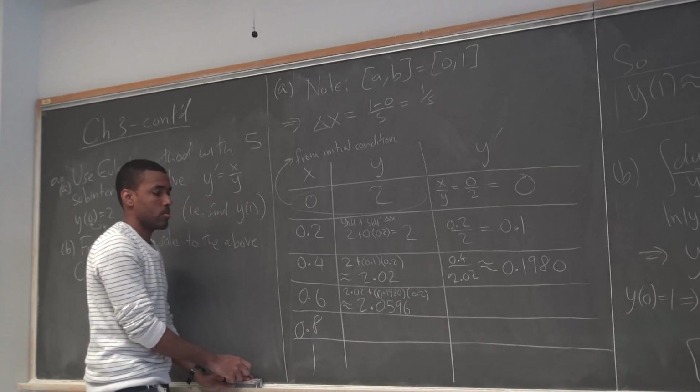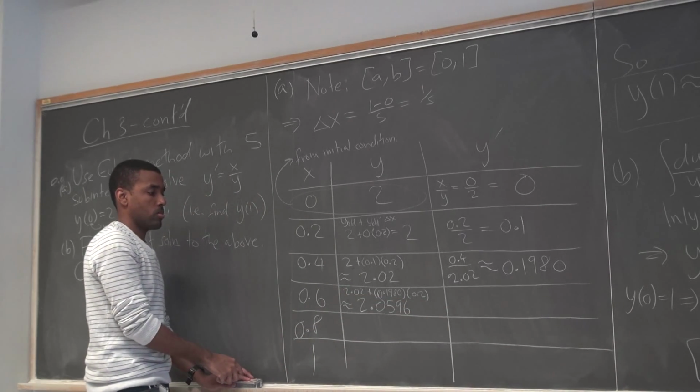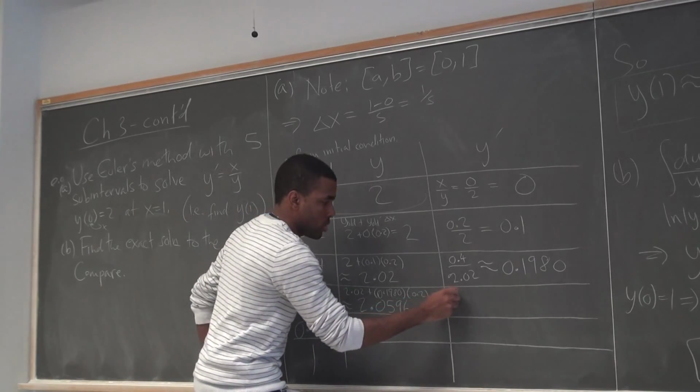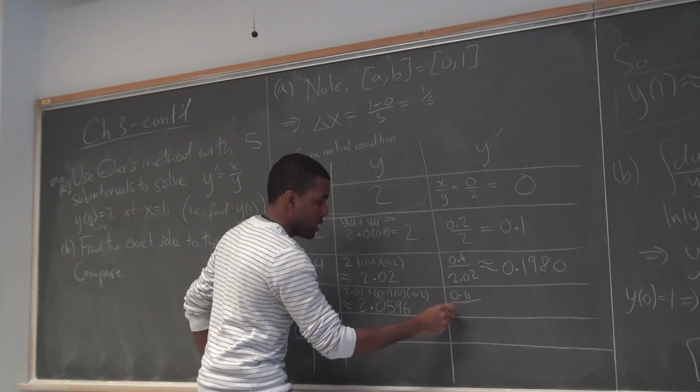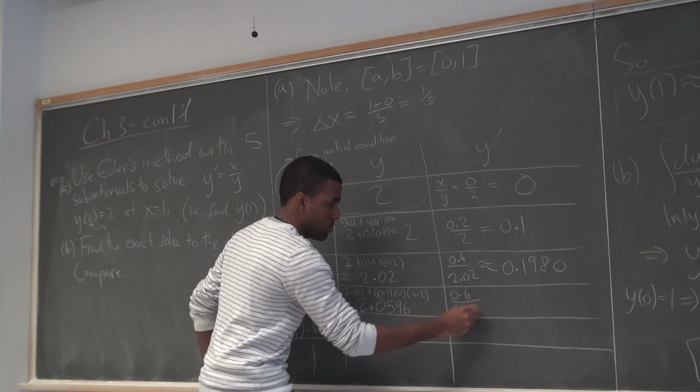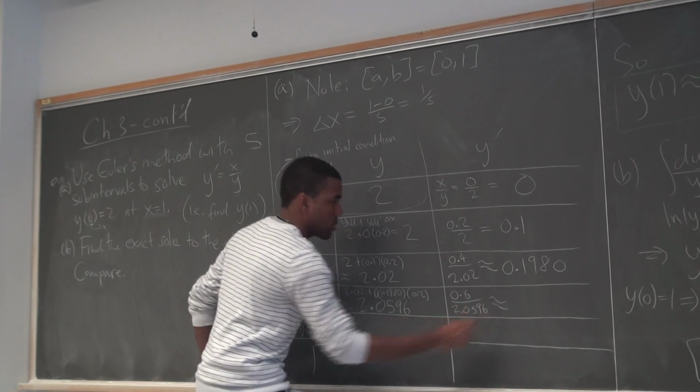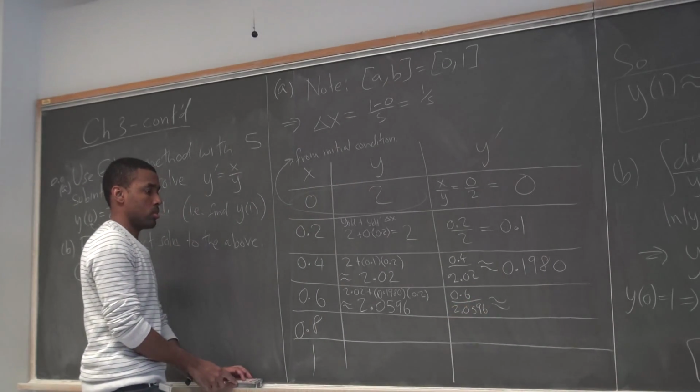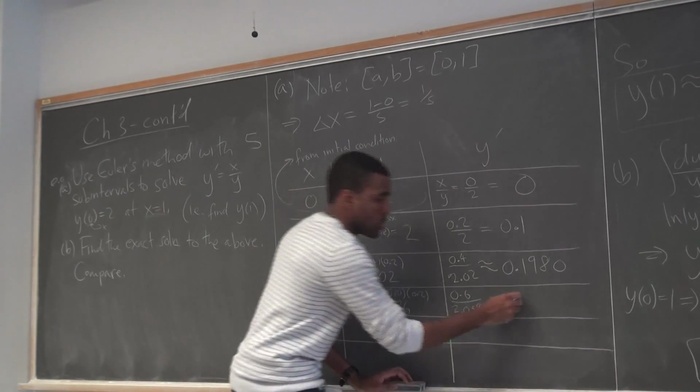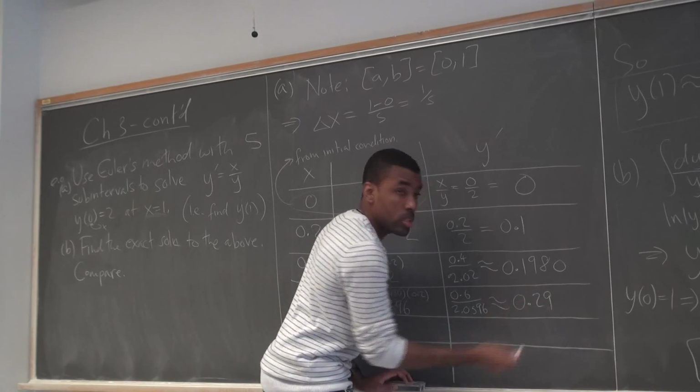What goes here? 0.6, the x value divided by the y value, which is 0.2913.